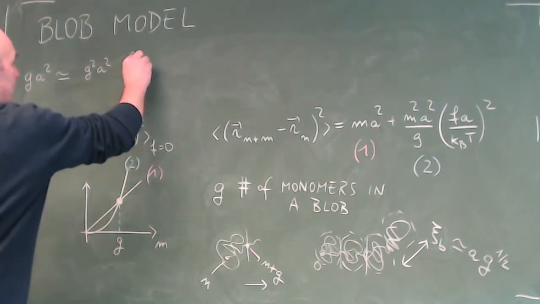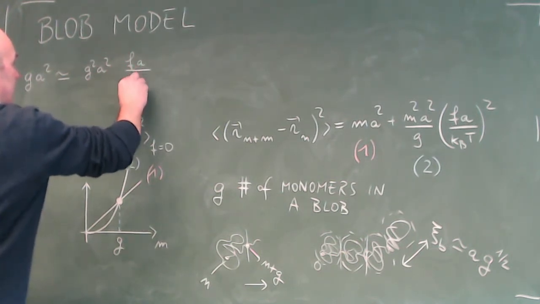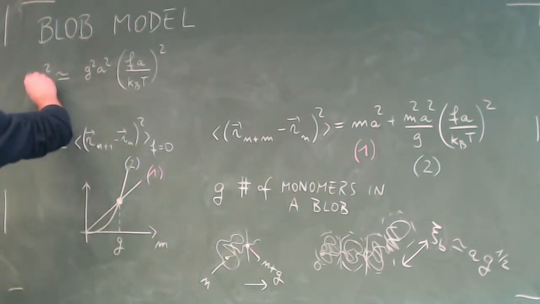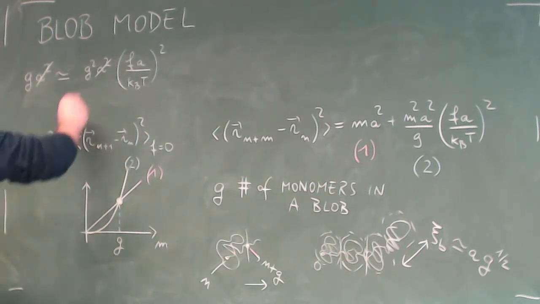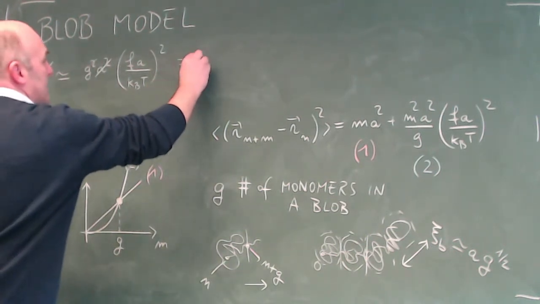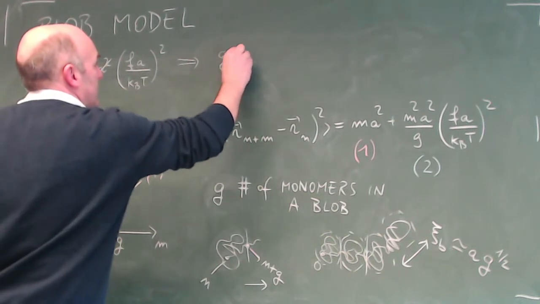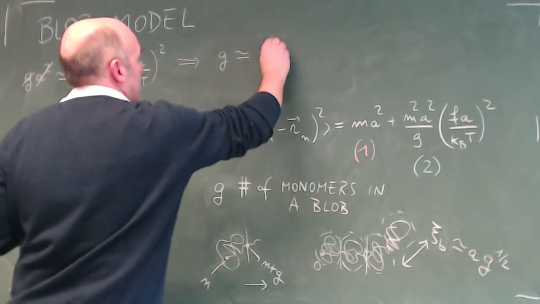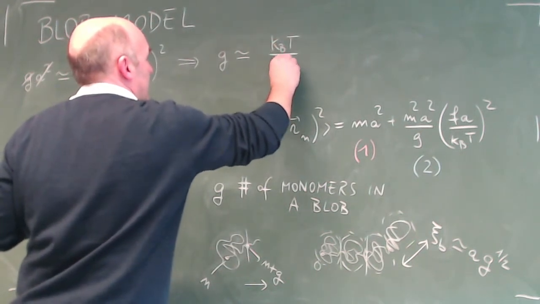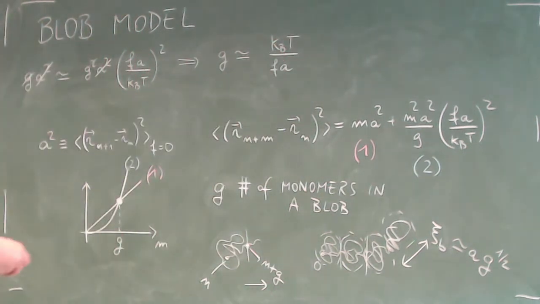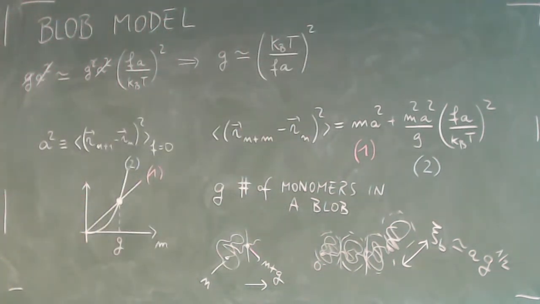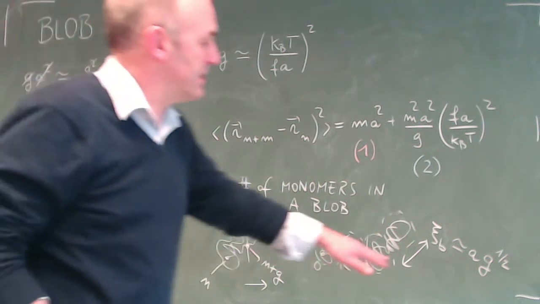So we have (f a divided by kBT) squared. We simplify the a squared, we simplify the 2, and we get the 1. So we get an estimate of g: g roughly scales as (kBT divided by f a) squared. Now we use the scaling law that is here.